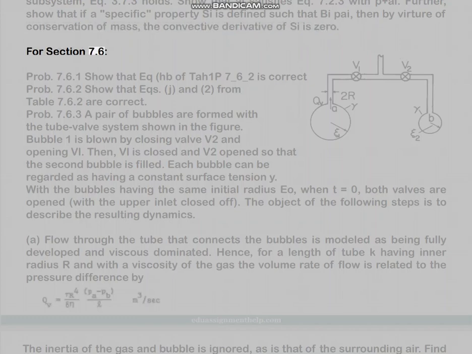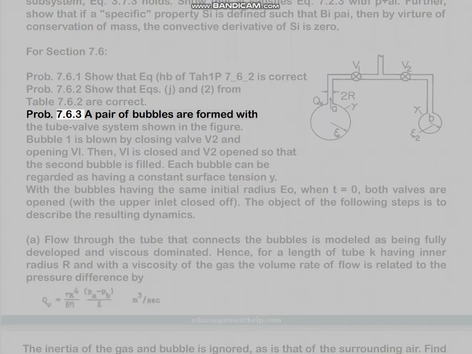For Section 7.6, Prob. 7.6.1: show that the equation of Table 7.6.2 is correct. Prob. 7.6.2: show that the entries from Table 7.6.2 are correct.